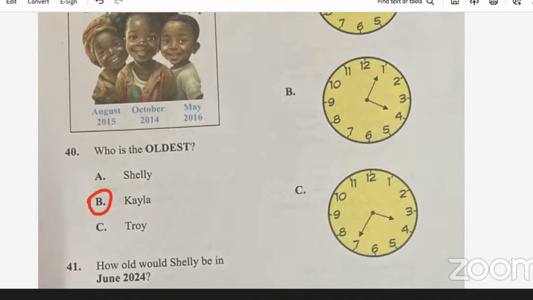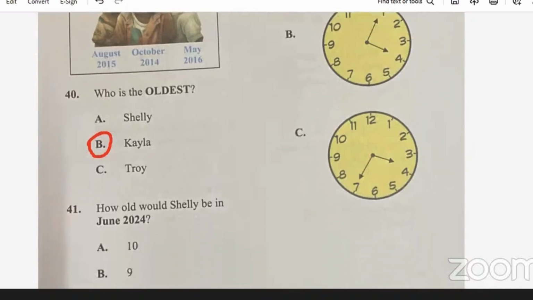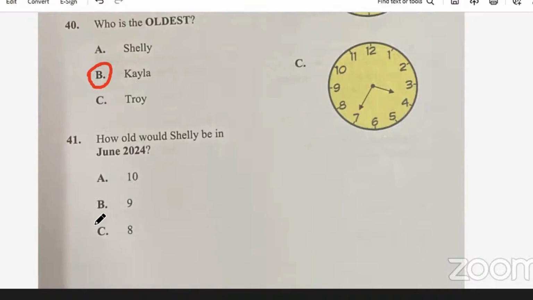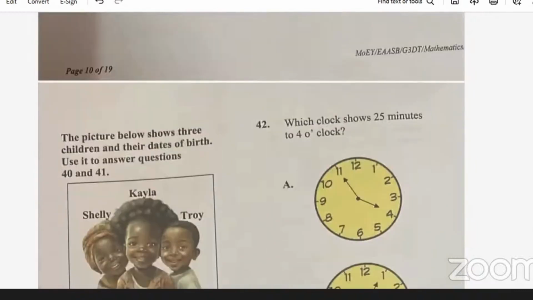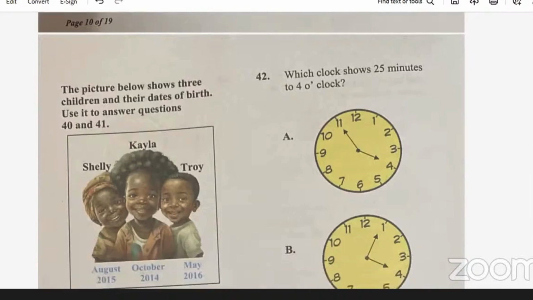In 2024 she would have been 9, but it's not yet her birthday, so she's going to be 8 in June. When it gets to her birthday, she'd be 9, but it would have been 8 years. So the answer for 41 is 8. And of course, there are other ways to work it out. I'm just trying to be as practical as possible. So hopefully that helped.